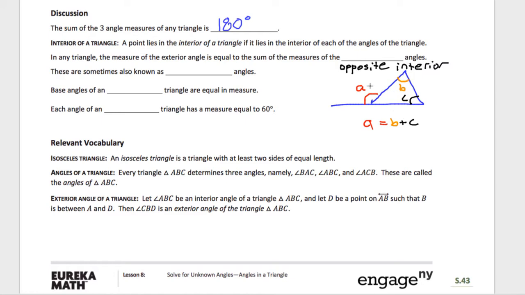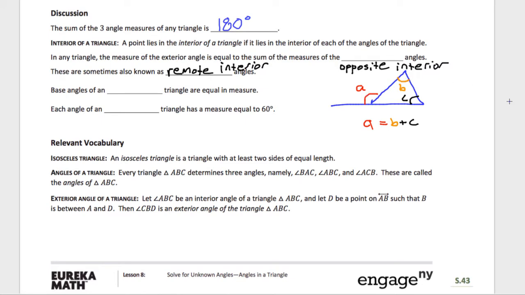These two angles add up to this angle, the opposite interior. Another name for this is remote interior. It's just this fact that C plus B is equal to A.